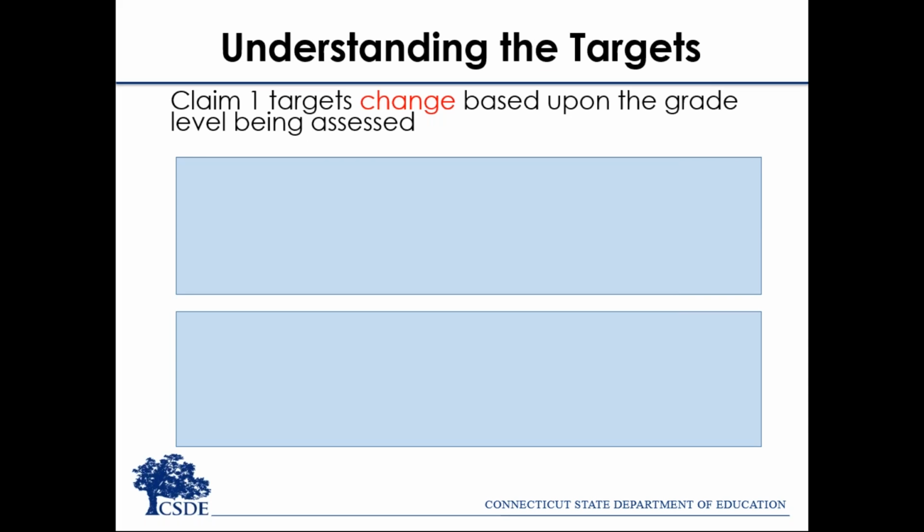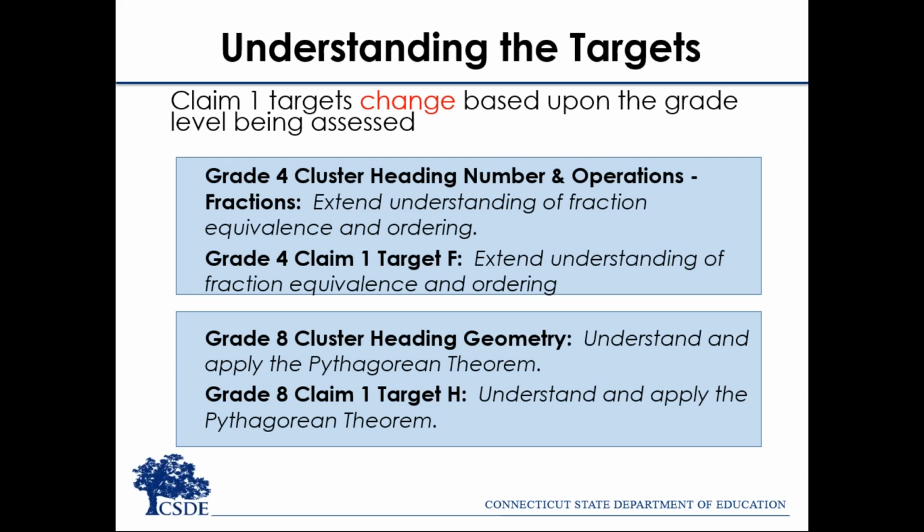Claim 1 targets, because they are drawn from the cluster level headings, change based upon the grade level being assessed. In this example, we can see that a grade 4 cluster heading for number and operations fractions is to extend understanding of fraction equivalence and ordering.